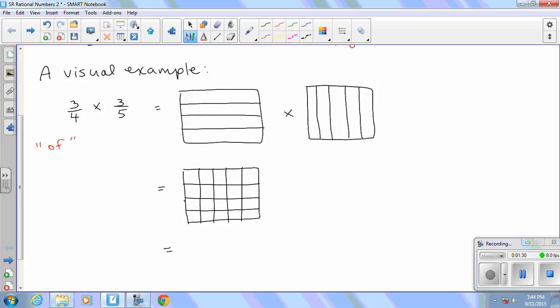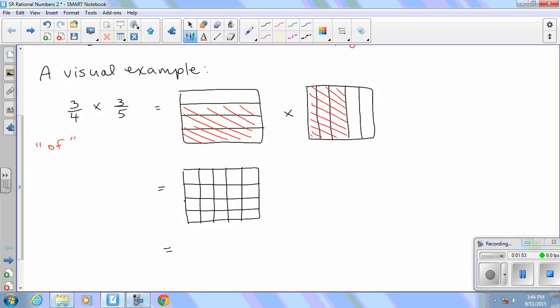Okay? So let's say I have a Kit Kat bar with 4 sticks here. If I shade in 3 of those 4, then I've got 3/4. And if I'm going to multiply that by 3/5, I'm multiplying it by 3/5 of the other chocolate bar.